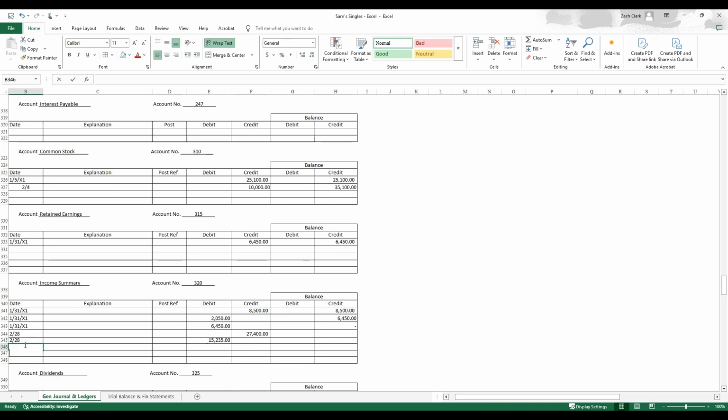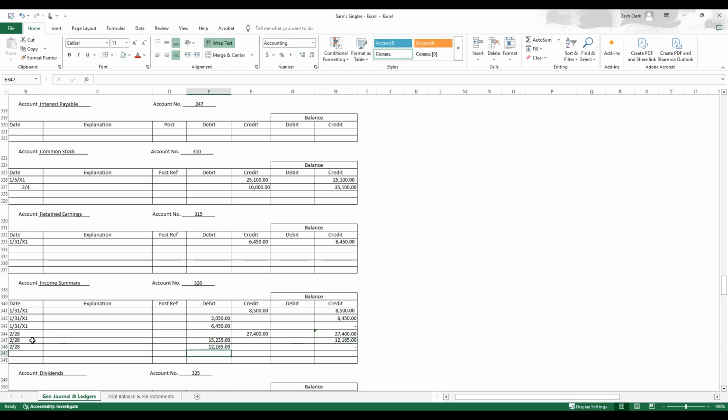Okay, so again, same date. But here, let me do my running total. So we had credited 27,400. Then we reduced it with a debit, so now we have 12,165. And when we close out the income summary, since it has a credit balance now, we want to debit it, so credit minus the debit goes to 0.